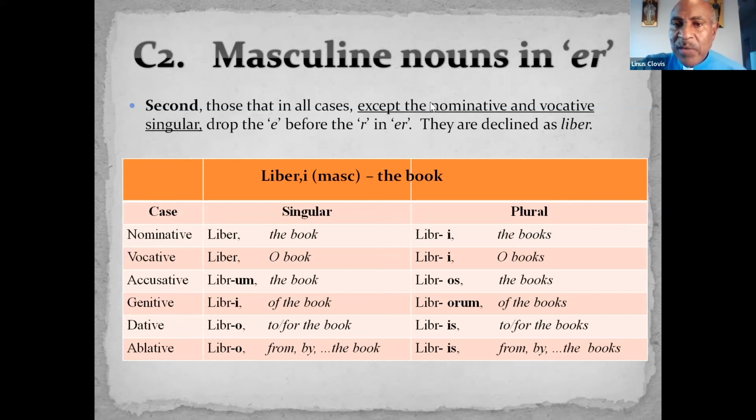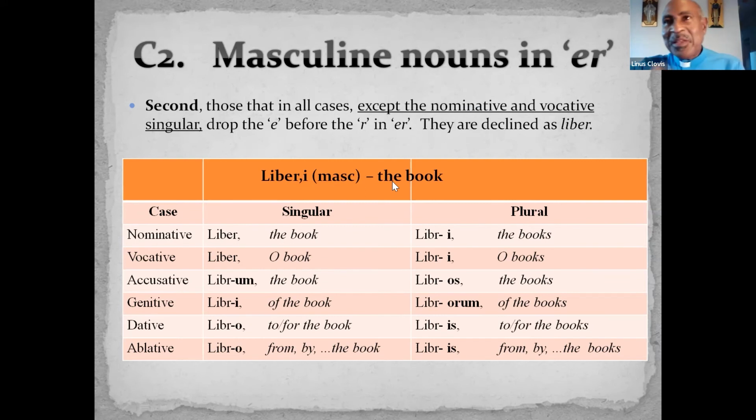Again, we have the same thing at nominative and vocative. So we have liber and liberi, which is masculine, and it means a book. Remember I said earlier that we had like a problem with the children.